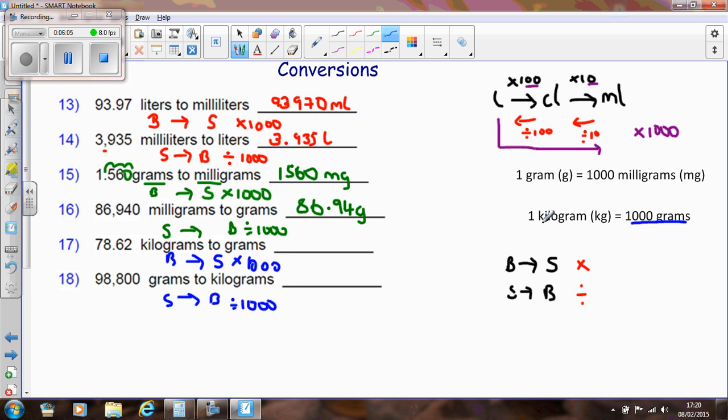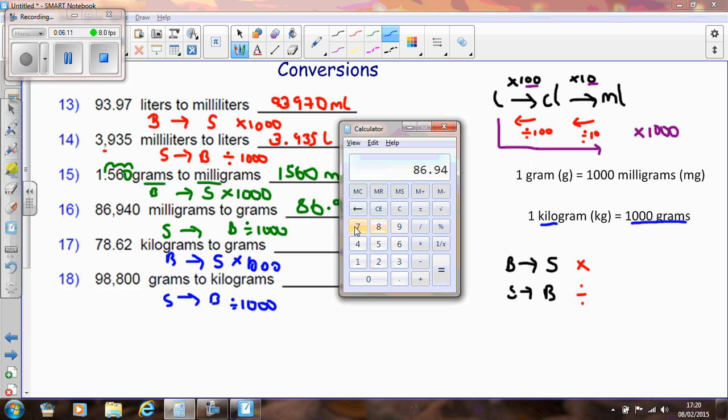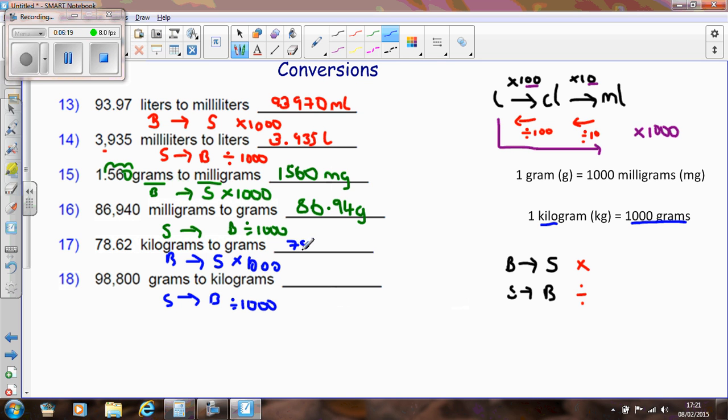Also, the word kilo stands for 1,000. So if you see that, that also means 1,000. If we put this into the calculator, we've got 78.62 times by 1,000, and we've got 78,620. And the answer is in grams, because that's what we're changing into. And again, you move the decimal place 3 to get that answer.